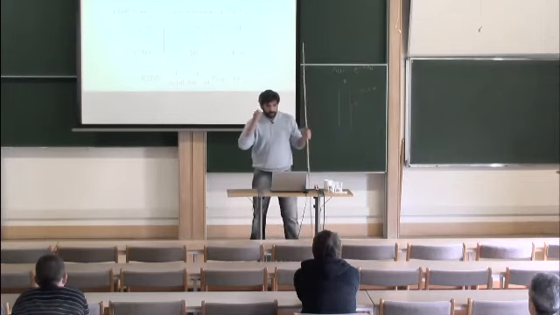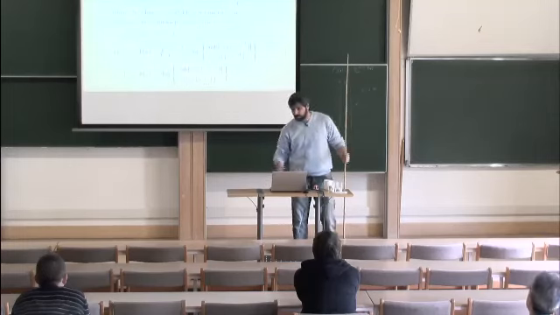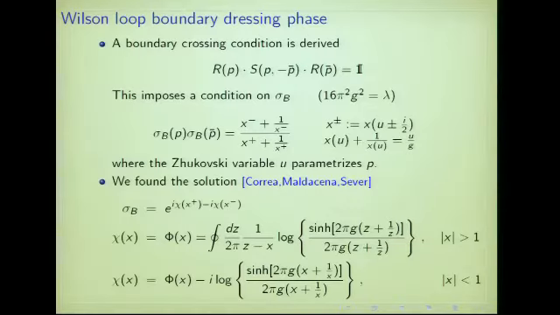And this is the most tricky part. What you could do is impose some boundary crossing condition. I'm not going to just present the result. This imposes, again, a condition on this unknown dressing function.